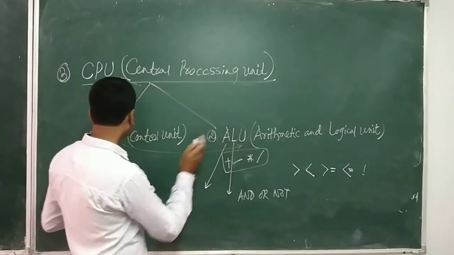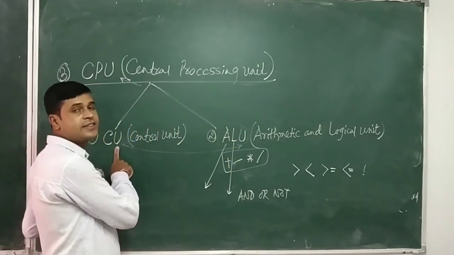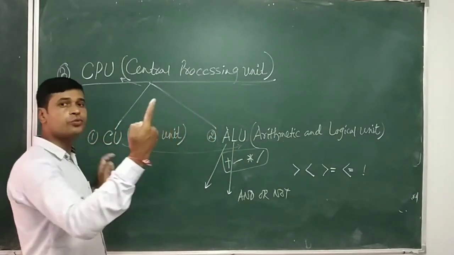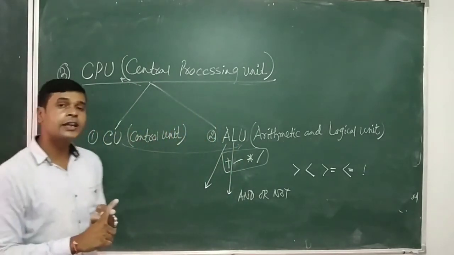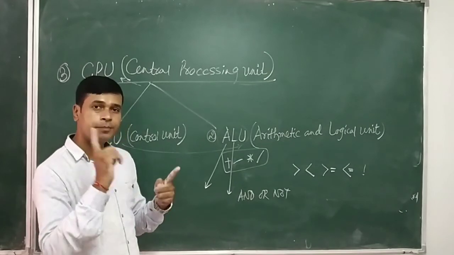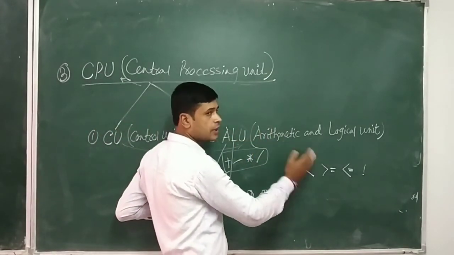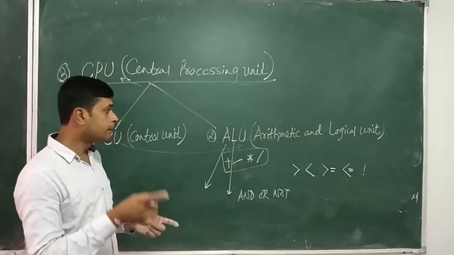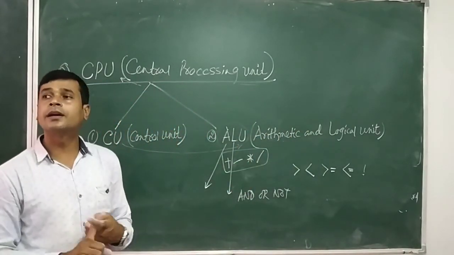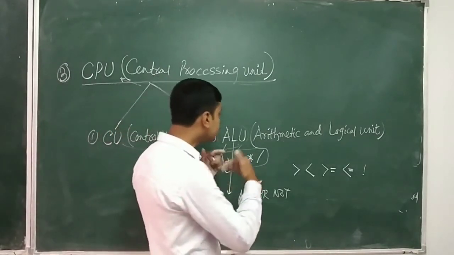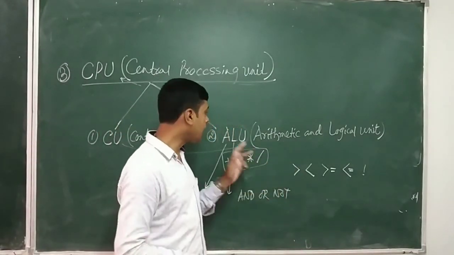It is guided by the CU, which directs what the user wants to do. If the user is performing an arithmetic operation, it will not display the logical result, and if the user gives a logical instruction, then the logical result will come, it will not display the arithmetic result.